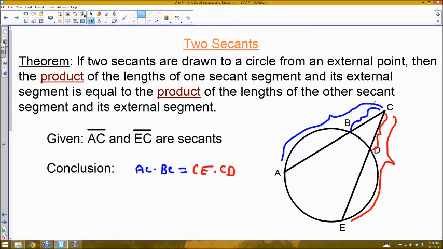Okay, so it's the whole segment times the external part is equal to the whole segment times its external part.